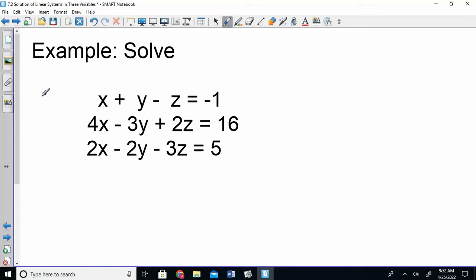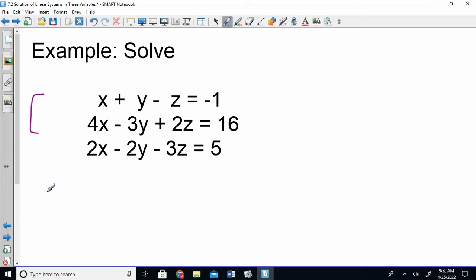So let's say I pick the first 2. I'm going to take those 2 equations and I want to eliminate a variable. So which one do you want to eliminate? X. Okay, what would I have to do to eliminate x? Times it by -4.